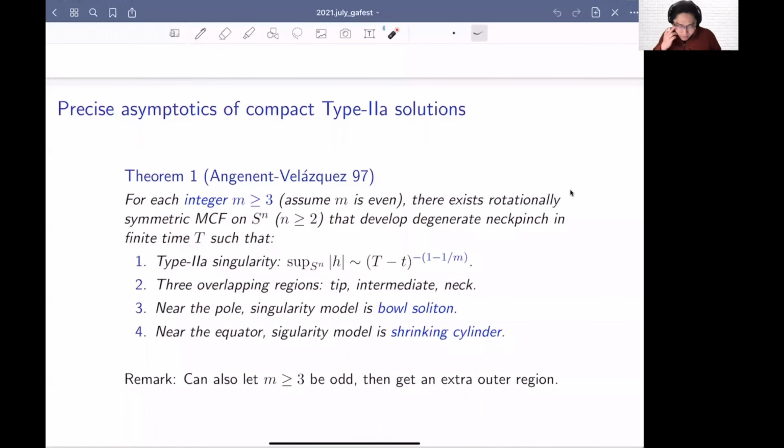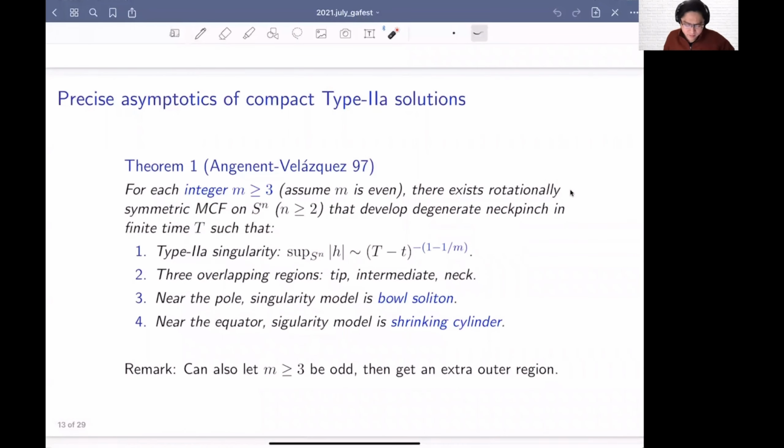All right, let's look at the theorem by Angenent and Velázquez in detail. They have shown that for each integer m greater or equal to 3, and let's here assume m is also even, there exists a rotationally symmetric mean curvature flow on the sphere of dimension 2 or higher, such that the solution has a degenerate neck pinch in finite time. Okay, so the solution looks something like this.